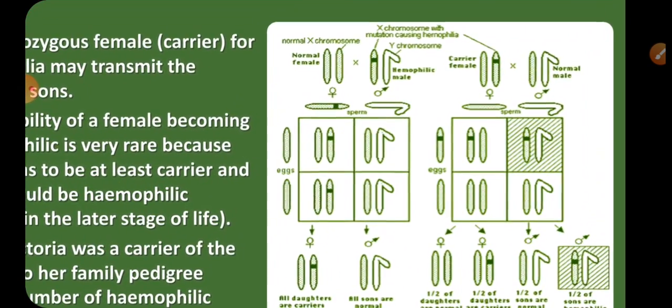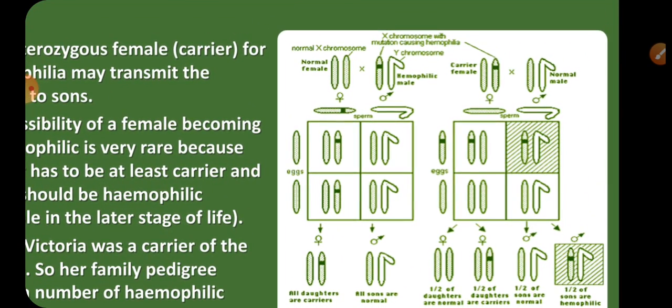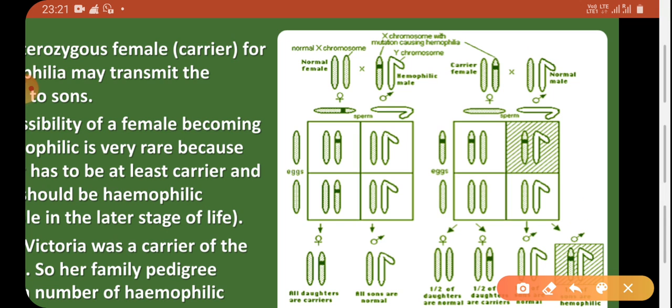With the help of this diagram, we can understand this. This is the normal chromosome. Here is a hemophilic male and female. The sperm. So here all the sons are normal and all the daughters are carriers.